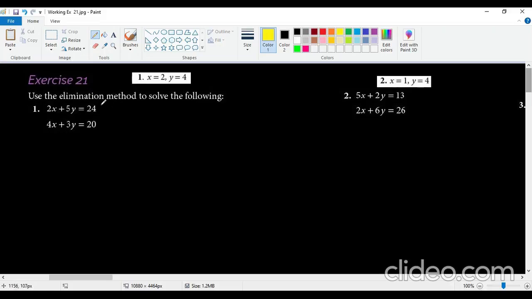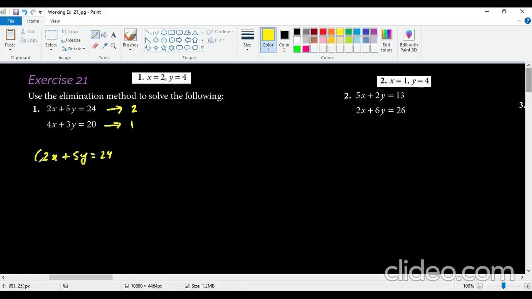So what I will do is multiply equation 1 by 2 and equation 2 by 1. What will happen is the value of x in equation 1 is going to be 4. I will rewrite this equation: 2x plus 5y equals 24.